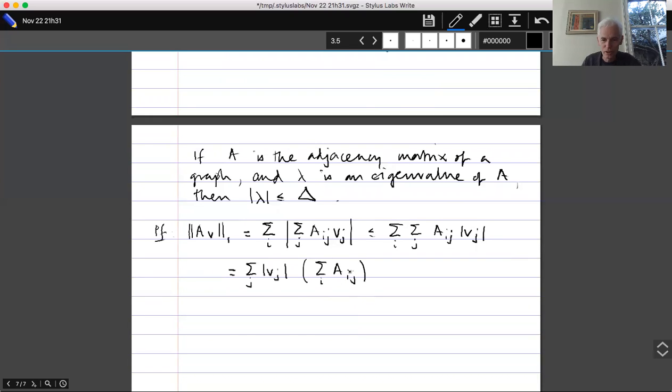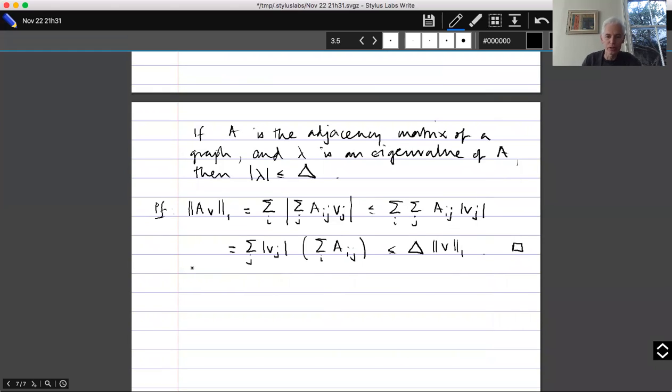But this is non-negative, and this is just the degree of the vertex j, so it's less than or equal to delta. So the whole thing is going to be at most delta times this sum, but that sum is just the L1 norm of V. So if V is an eigenvector, we know that the L1 norm of AV is exactly lambda times the L1 norm of V. So that tells us that lambda is at most delta.